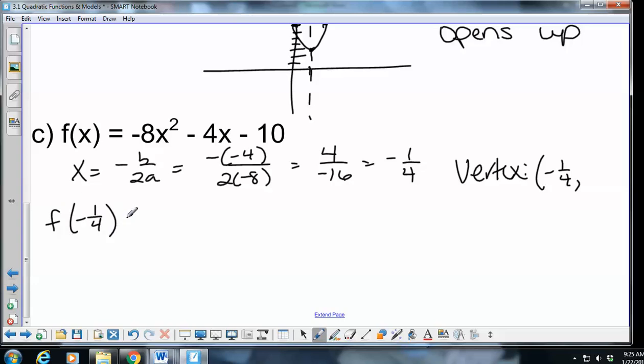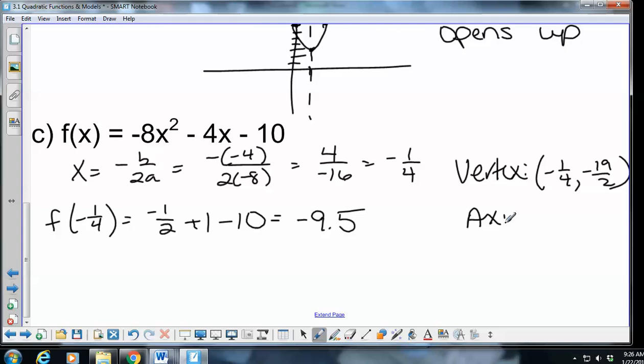So -1/4 squared would be 1/16 times -8 is -1/2, plus 1 minus 10. And so what do you get? Yeah, -9.5, I think. Or you could have -19 over 2. Either way.